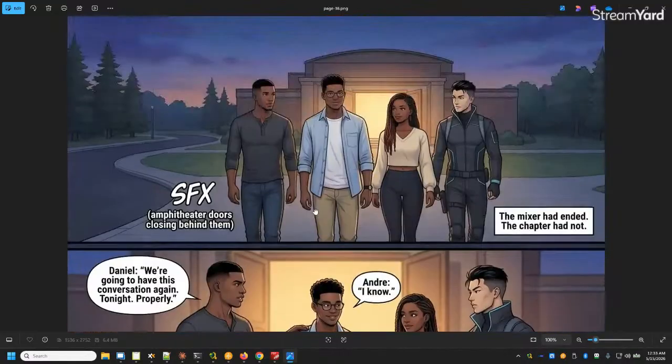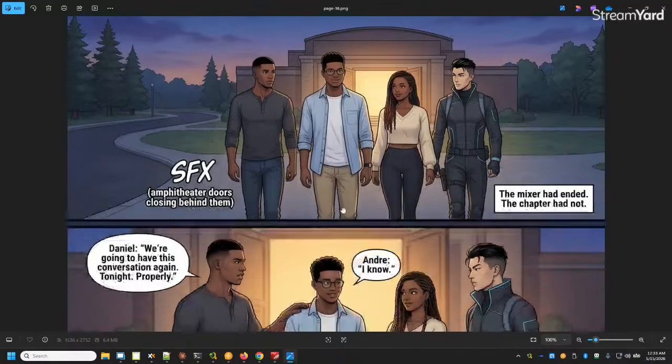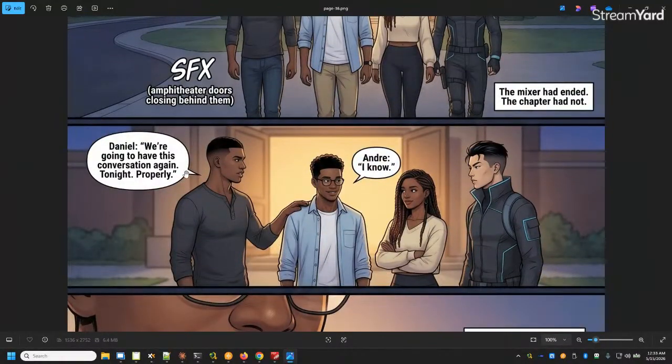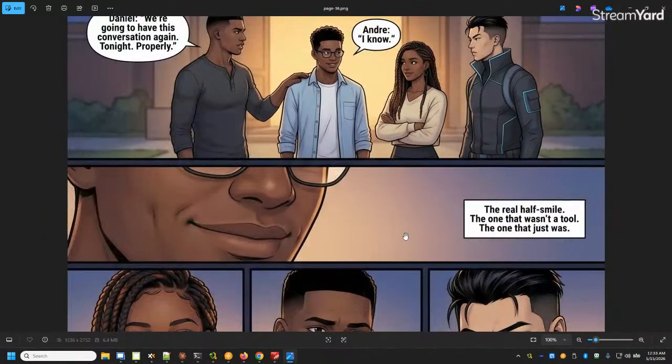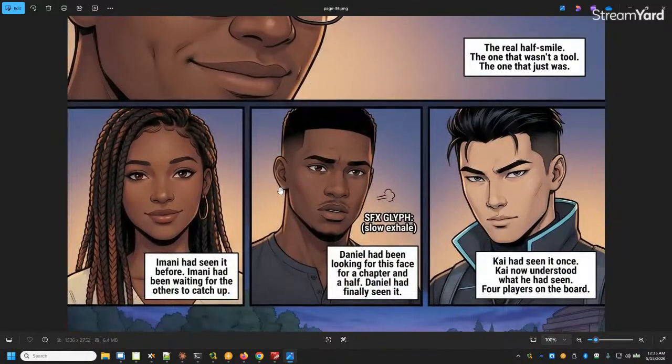All right, last page. I guess Kai Reyes goes to the school now because he goes to a different school. The mixer had ended. The chapter had not. Obviously, we're going to have this conversation again to properly, like you did before. Andre, I know the real half smile, the one that wasn't a tool, the one that just was. Okay. Imani had seen it before. Imani had been waiting for the others to catch up.